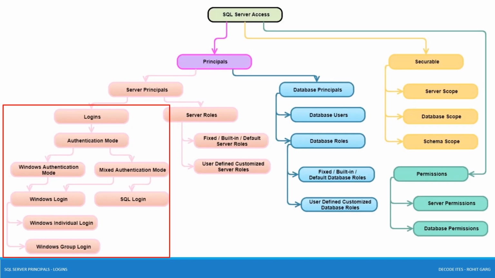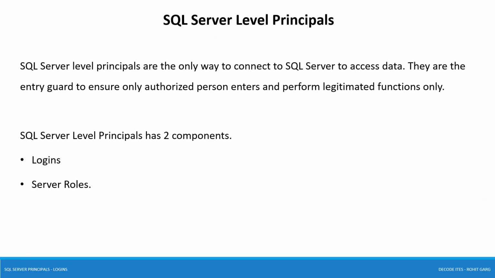Today we will be discussing logins, the first component of SQL Server level principles. SQL Server level principles are the only way to connect to SQL Server to access data. They are the entry guard to ensure only authorized persons enter and perform legitimate functions.